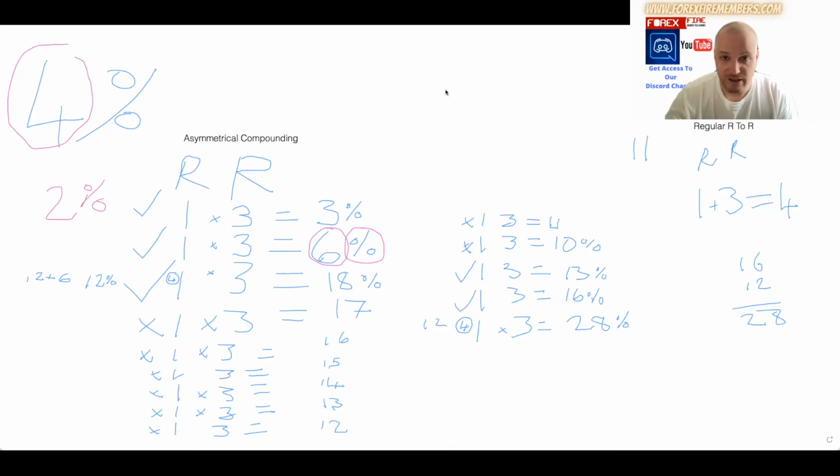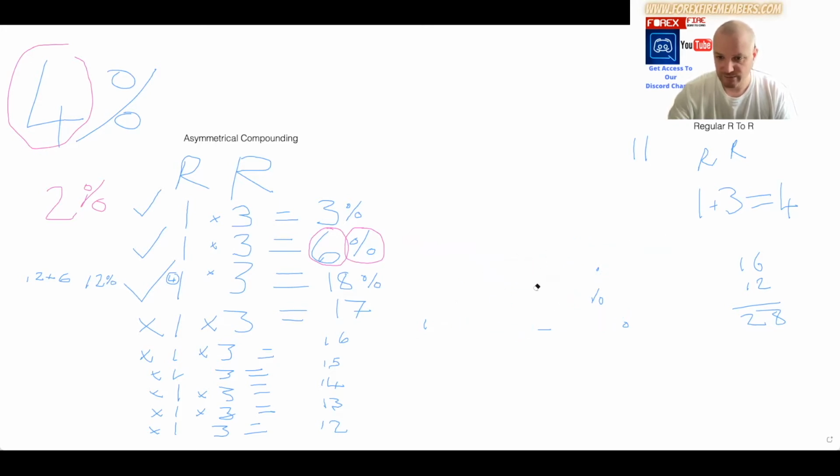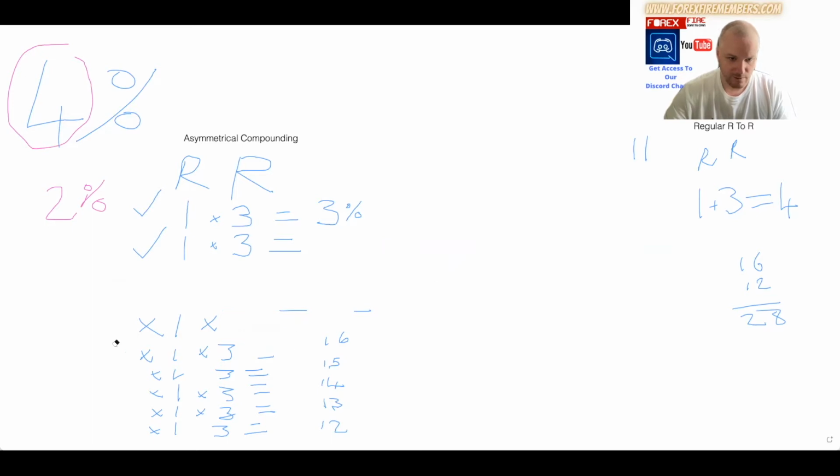So let's just get the eraser out. I apologize, I just need to get this eraser out, and then I can show you what happens if you lose from there. So you've seen what can happen even if you get so many losers.